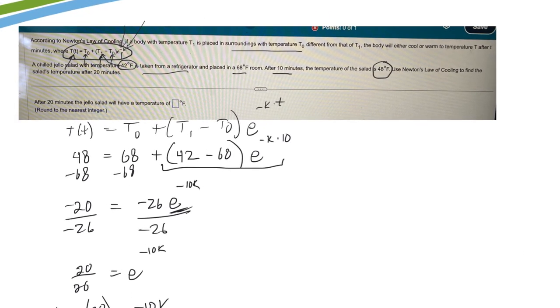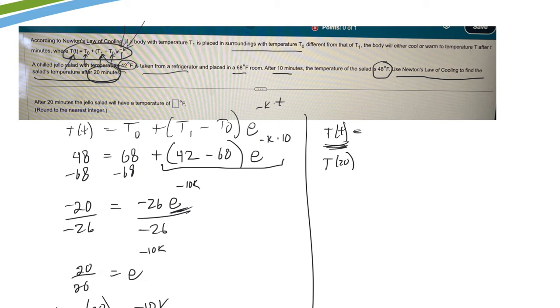But then the next question is, use Newton's law to find the salad's temperature after 20 minutes. So if I'm looking at this formula again, they're saying what is the temperature after 20 minutes if you use these same numbers, right? So 68 is the surroundings.